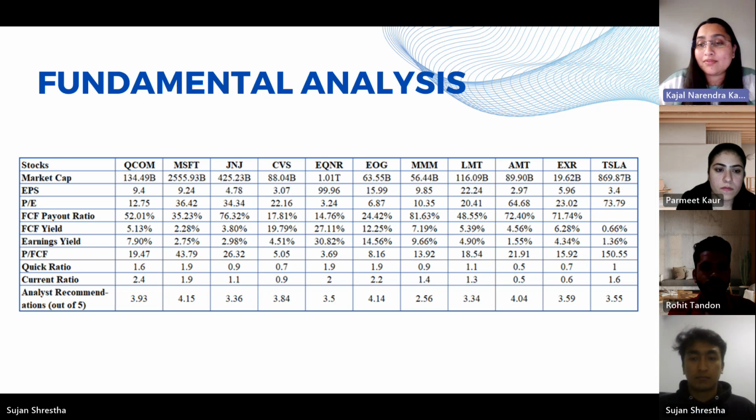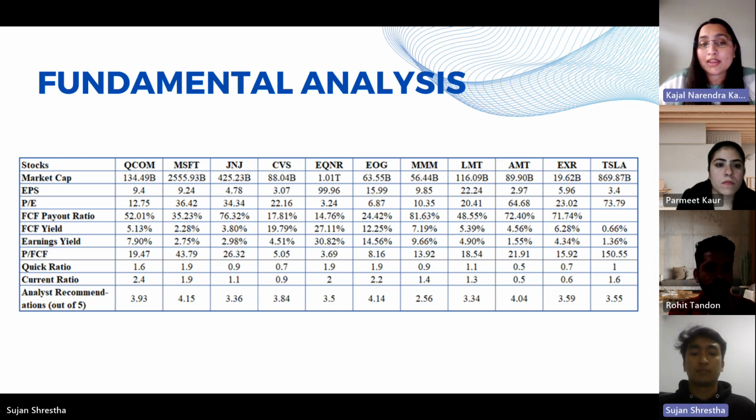Here we have mentioned some important fundamental analysis measures like market capital, earnings per share, price earnings, FCF payout ratios, FCF yield, earnings yield, quick ratio, current ratio, and also we have mentioned the analyst recommendations out of five.